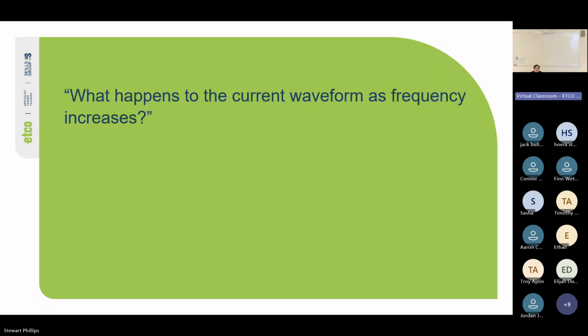So what happens to the current waveform as the frequency increases? Remember back to the formula. What part does frequency play in the formula?